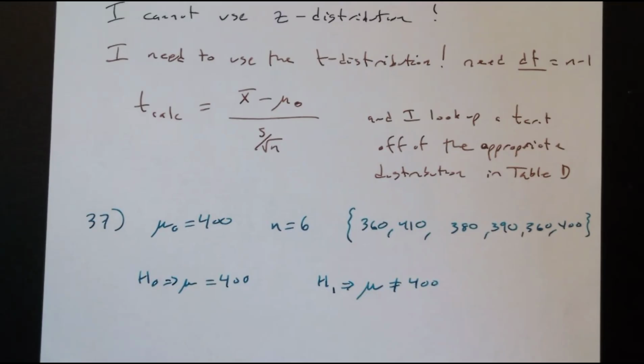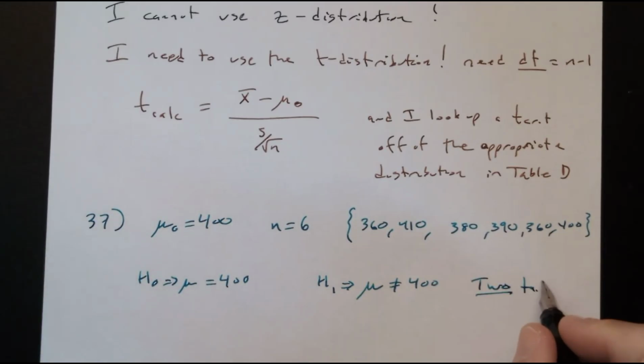That means the average might actually be bigger than 400, might be smaller than 400, I can't tell. It's just not 400. With me so far?